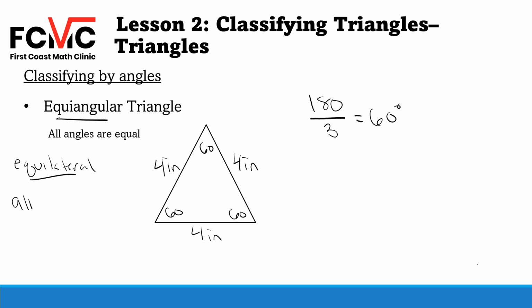So we can say all equiangular triangles are also equilateral. All right, let's use the information we just went through and classify our triangles by sides and by angles.